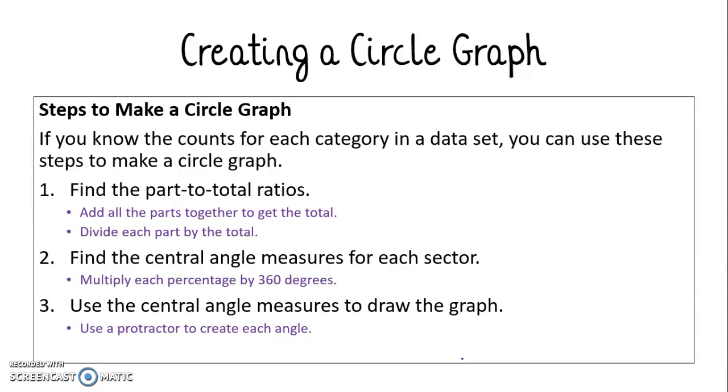To do that, we multiply each of those percentages, those part to total ratios that we found, by the 360 degrees, which is the total degrees in a circle. And then lastly, we're going to use the central angle measures to draw the graph, and we're going to use a protractor to do that. Or you can obviously do this in some kind of program like Excel, which is already going to measure the angles for you.